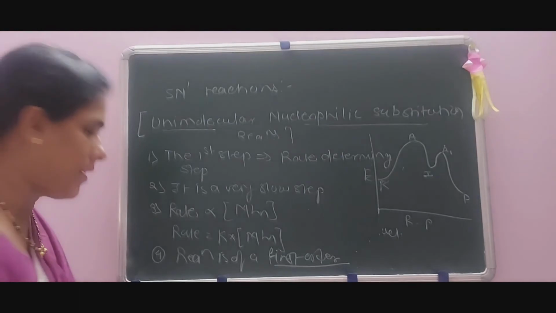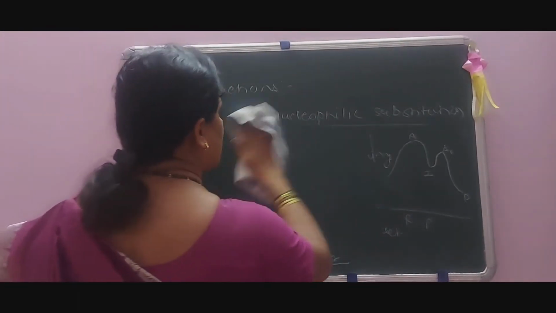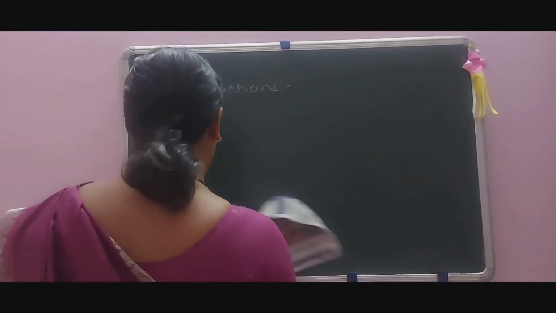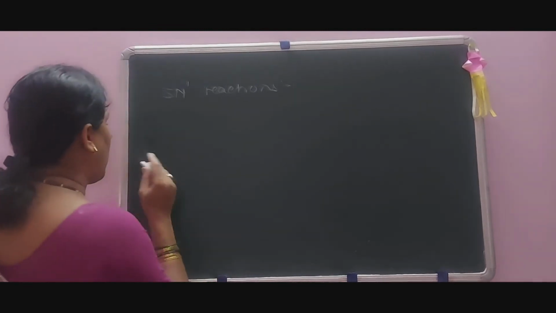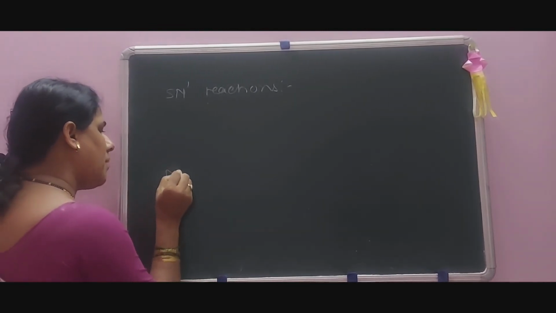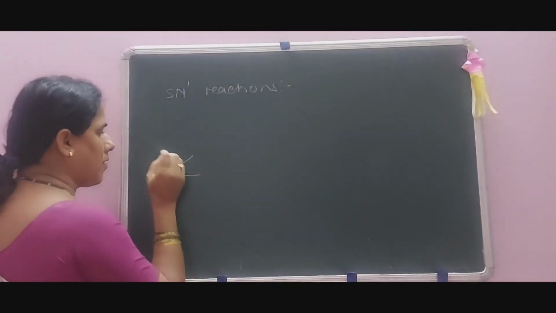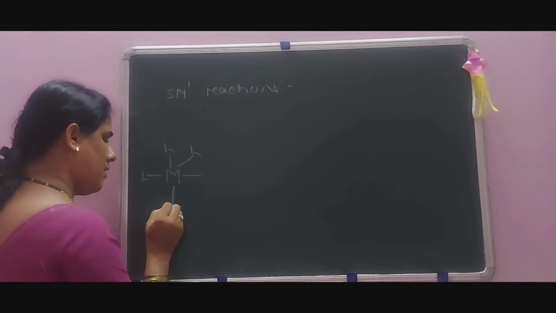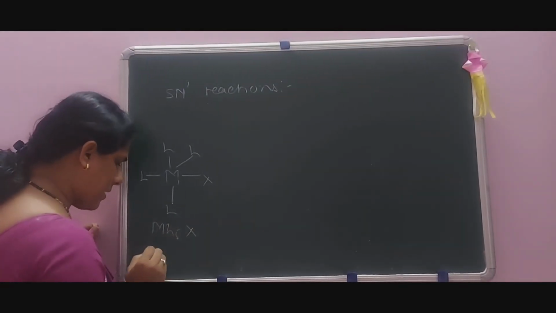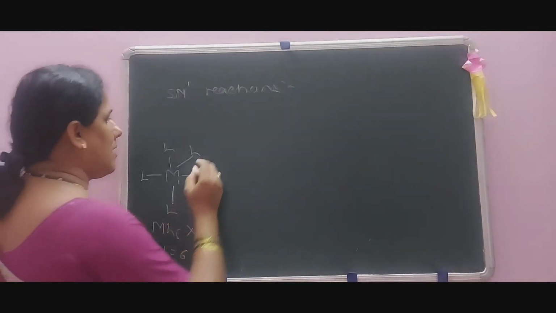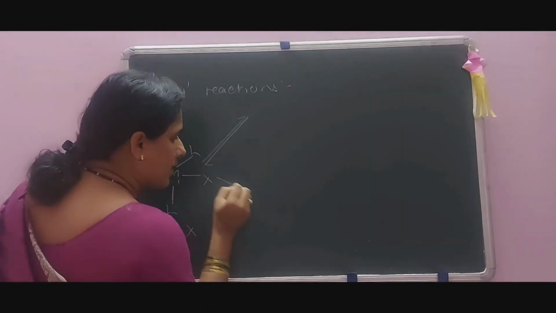Now, in order to define the mechanism pathway here, we have to keep in mind all these conditions and characteristics. See the mechanism part here, that is the SN1 reaction mechanism. You can draw here as ML5X, where coordination number is equal to 6. There are two paths here, as like this.